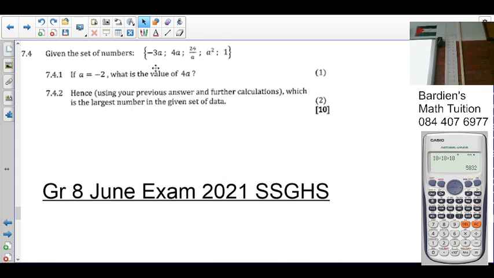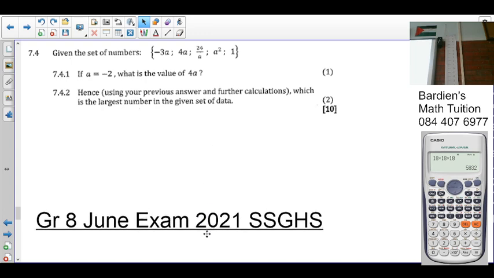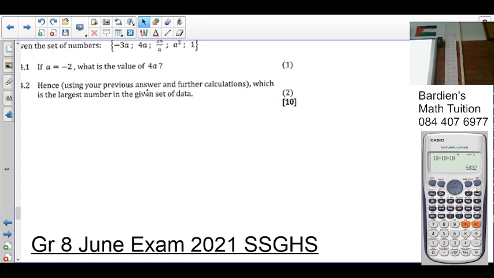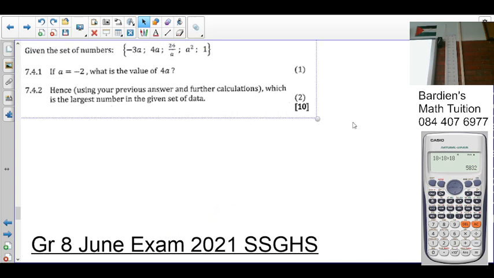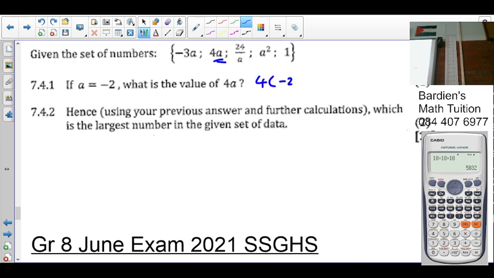Next. Given the set of numbers, if a is equal to negative 2, what's the value of 4a? So the value of that is going to be 4 times negative 2, which is negative 8. Hence, what does hence mean? Using previous answer and further calculations.